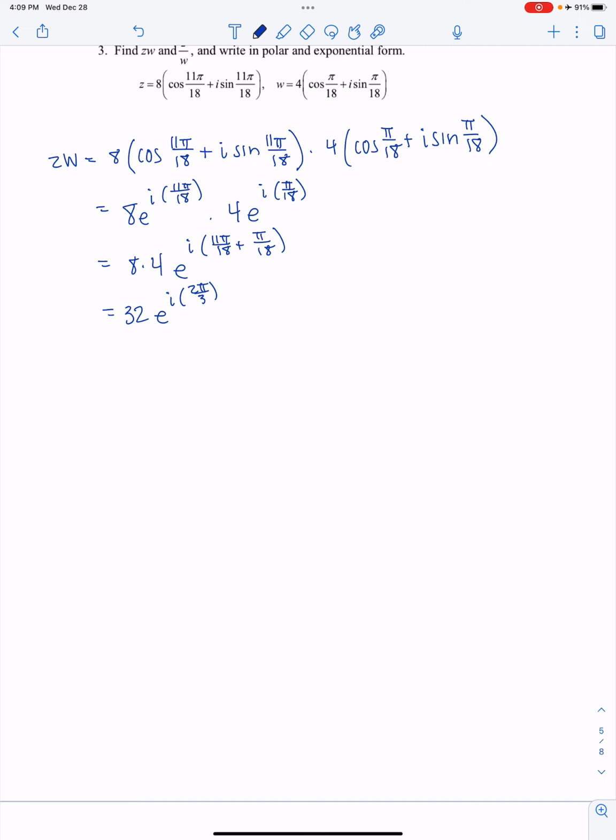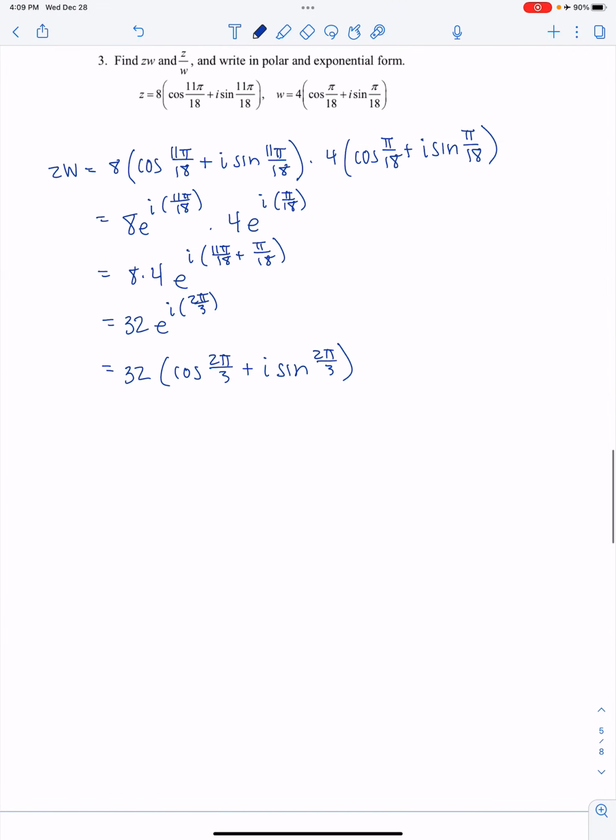And so this gives us 32 times cosine 2 pi over 3 plus i sine 2 pi over 3. So that's our product.